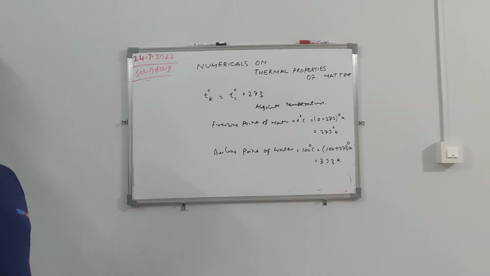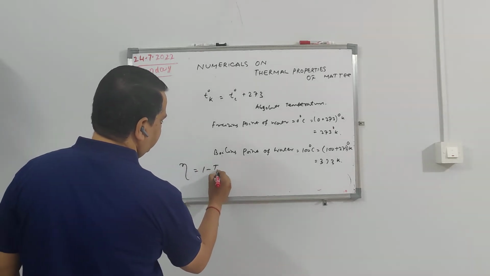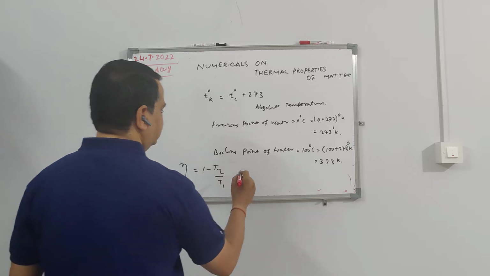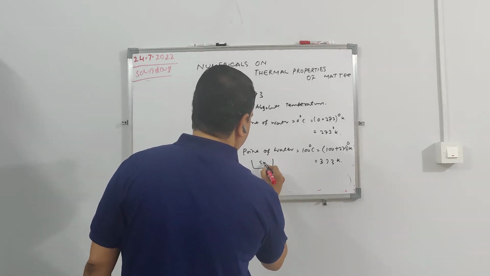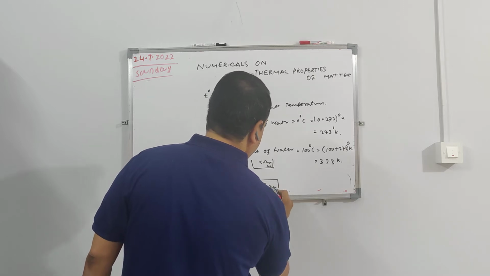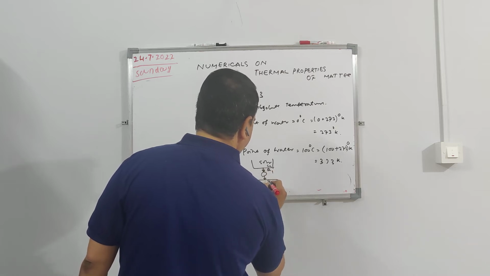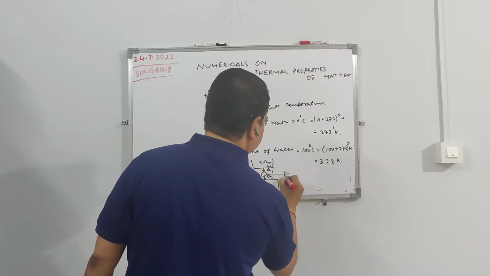And we have studied about the Carnot engine. The Carnot engine efficiency is 1 minus T2 by T1. You have a source and you have a sink, and you have this engine. You take some heat Q1 and give away some heat Q2, and you get some work done.